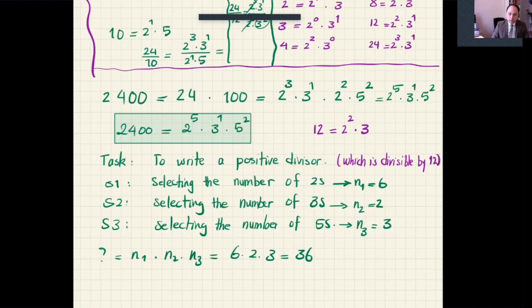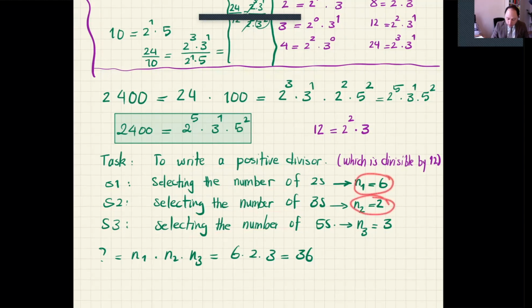So this would be my task. I have to change the task a little bit, but again, this task can still be broken into 3 stages: S1, S2, and S3, with the same way of writing, but this will change the number of options available for me.